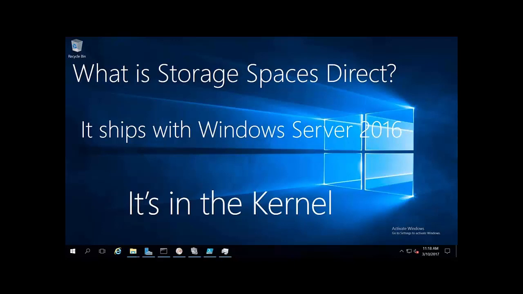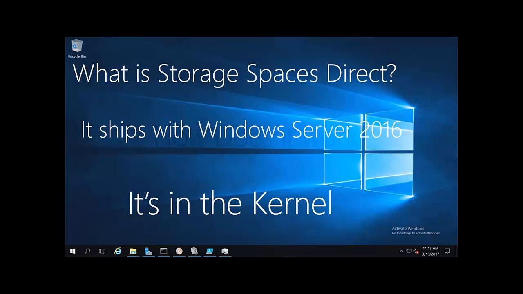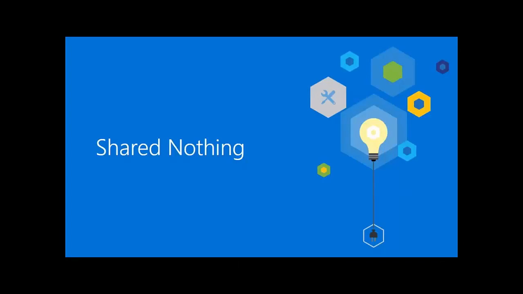Several of the main use cases that Dave and I are going to discuss today are focused around Hyper-V. So it's baked into the kernel of the operating system. So, how does this actually work? That's a really great question that we get all the time from the field. The first piece that is important to really understand is that this is a hyper-converged solution, meaning it runs on bare metal, commodity hardware, and requires absolutely zero SAN.